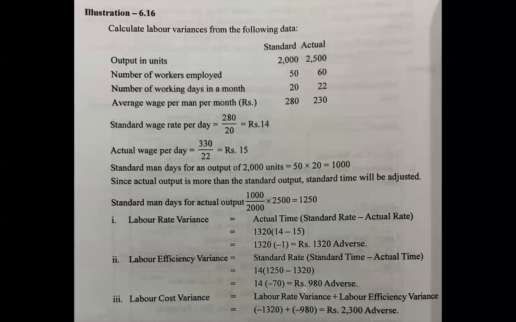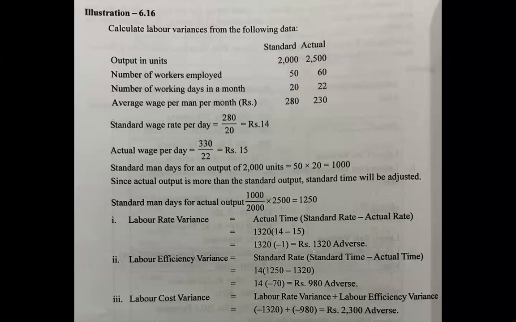So it gives you minus 980, which you can call 980 adverse. If it were positive, you could call it 980 favorable. Here also, if it had been positive, you could have called it 1320 favorable, but now it is a negative value, therefore it is an adverse variance.